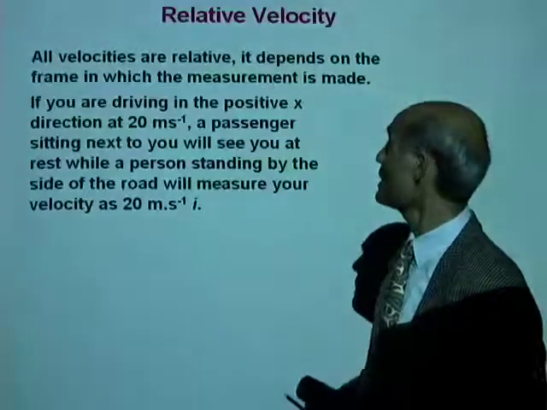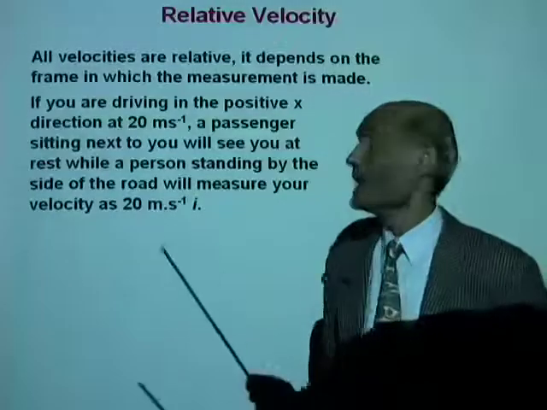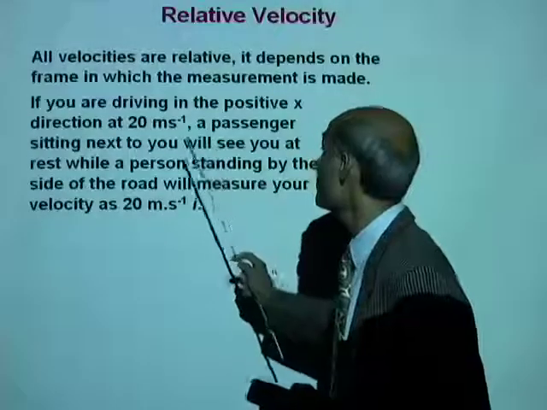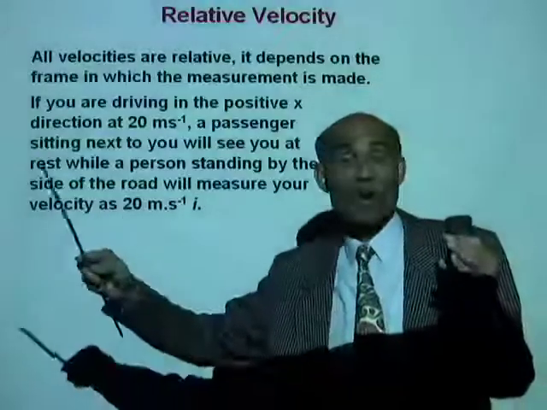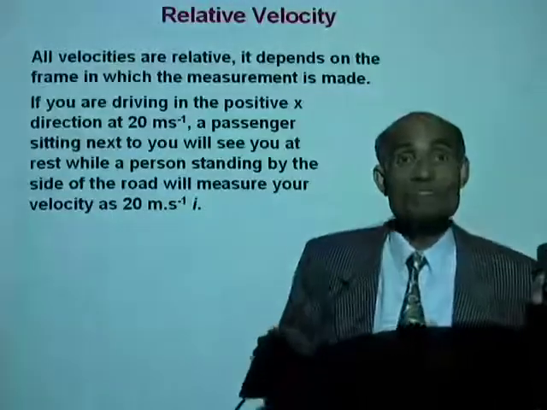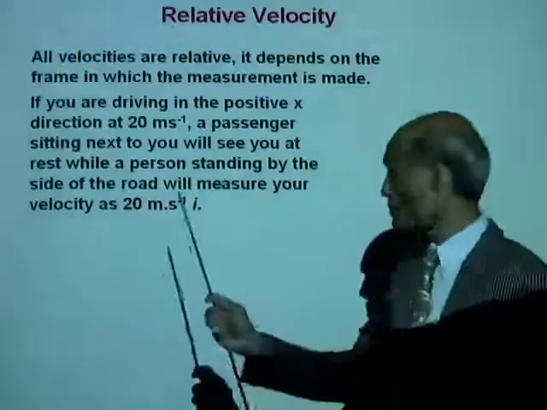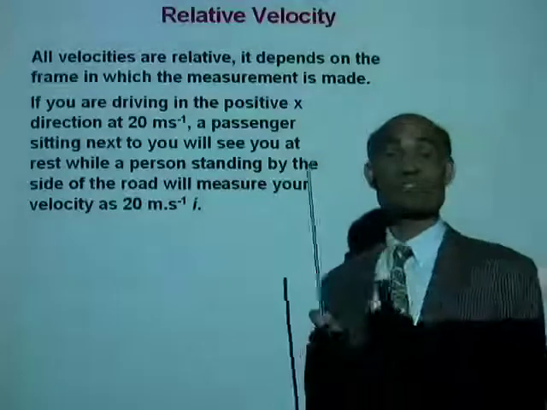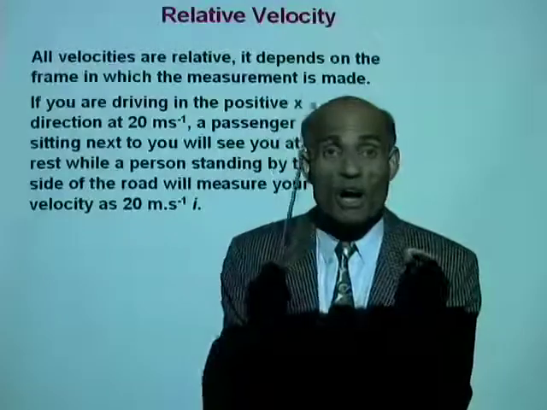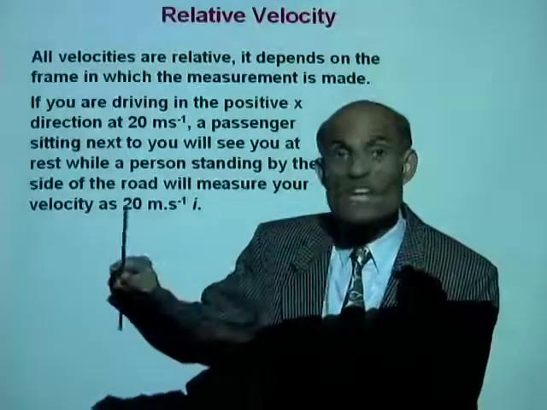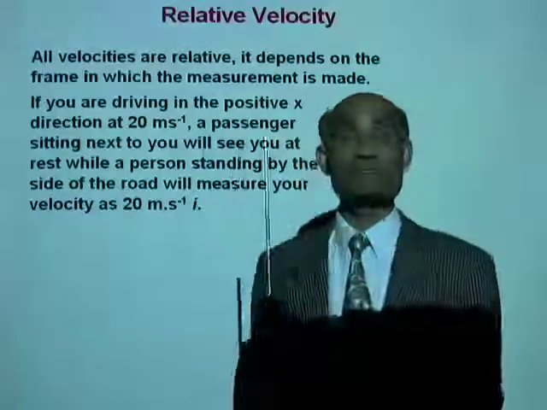If you are driving in the positive x direction at 20 meters per second, a passenger sitting next to you will see you at rest, while a person standing on the roadside will measure your velocity as 20 meters per second i, because you're going in the positive x direction. Is that right? So you are in the car moving due east towards the positive x direction with a velocity 20 meters per second.